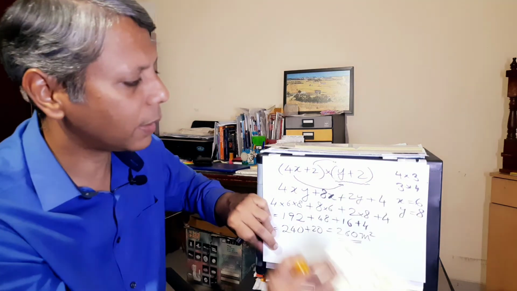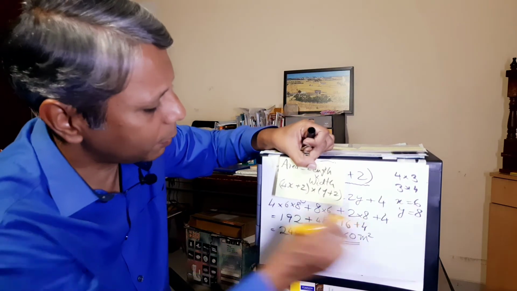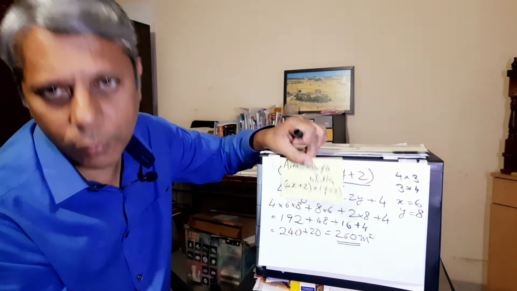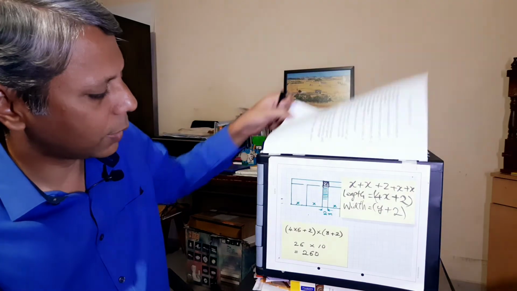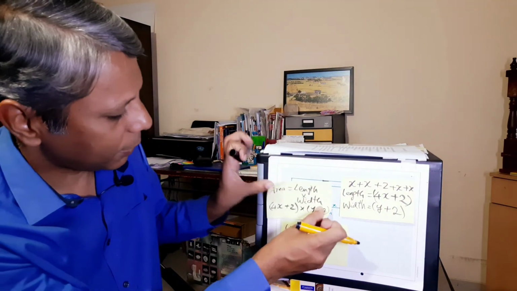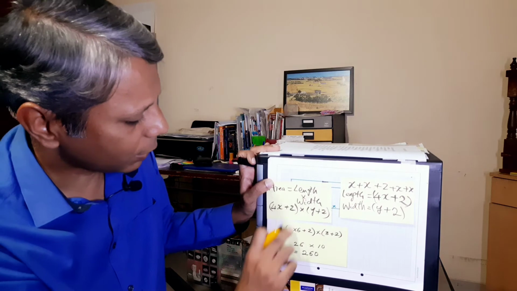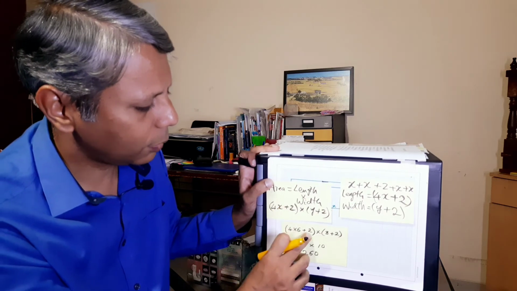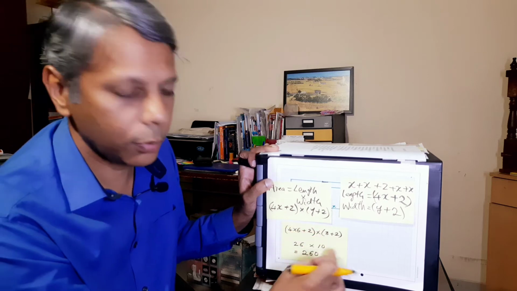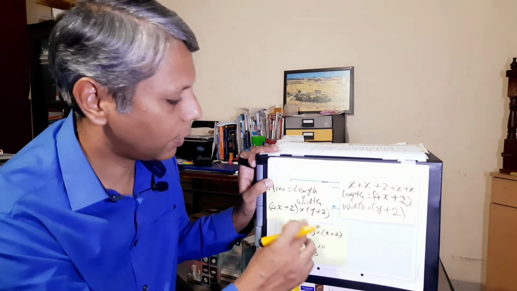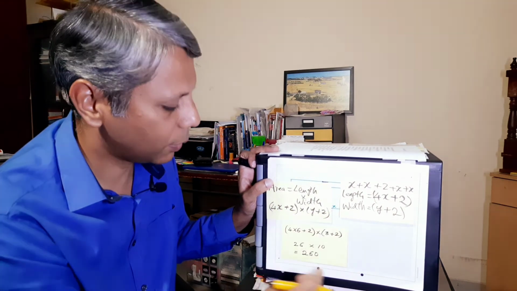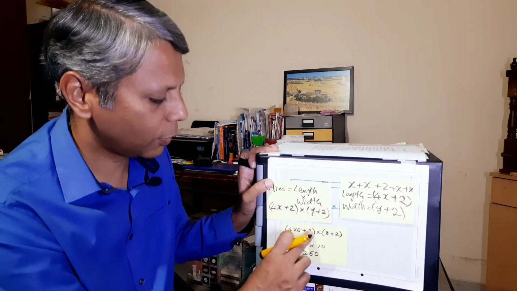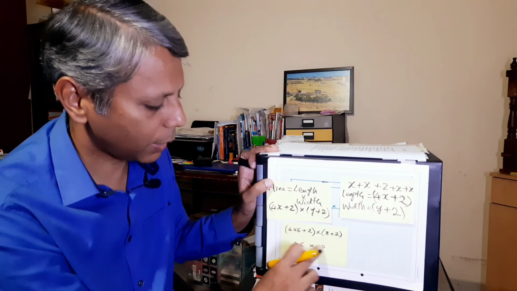Instead of that, had we substituted these numbers straight away, we could have also got the answer. So that's what happens here. 4x plus 2, 4 into x is 6, plus 2, whole into y plus 2, which is 8 plus 2. 4 into 6, 24, plus 2 is 26, into 10 is 260.